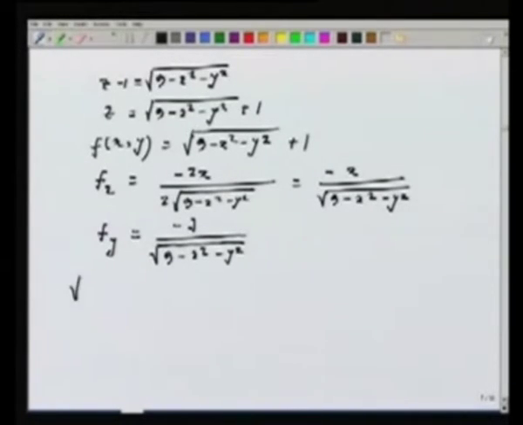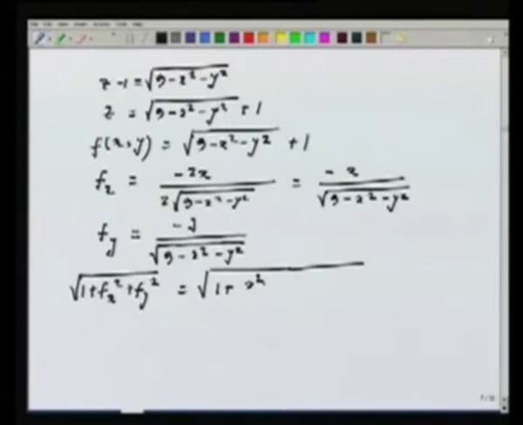Then what is square root of 1 plus fx square plus fy square? This is square root of 1 plus x square divided by 9 minus x square minus y square plus y square divided by 9 minus x square minus y square.